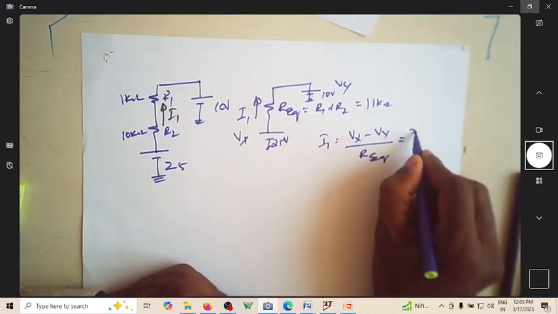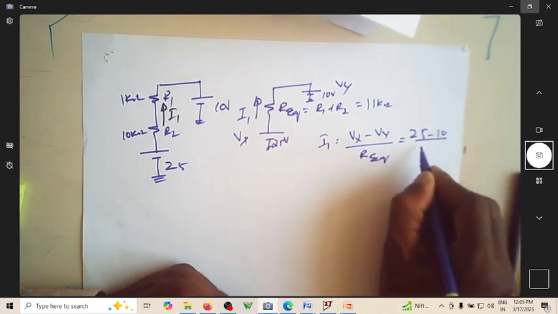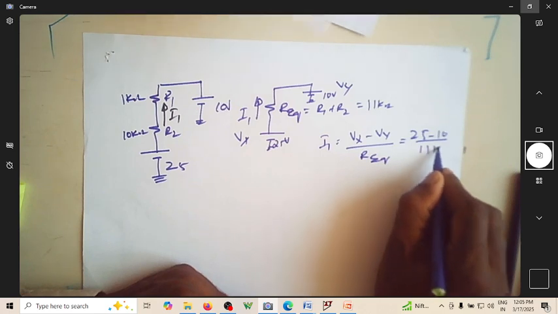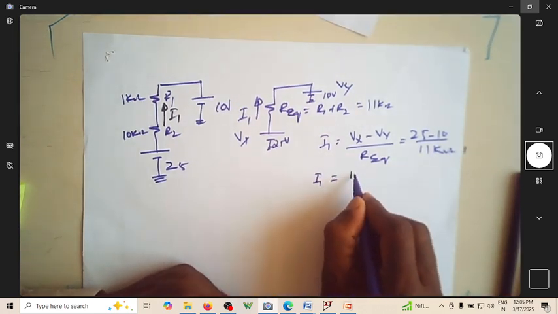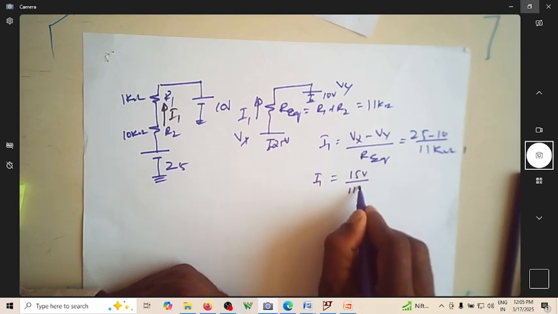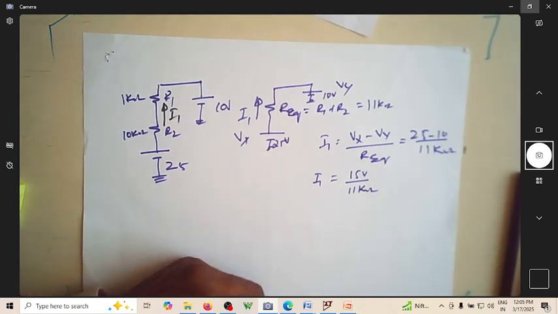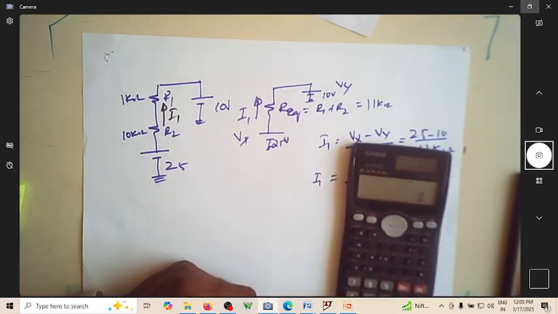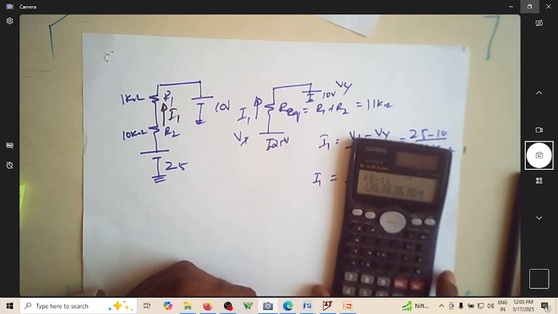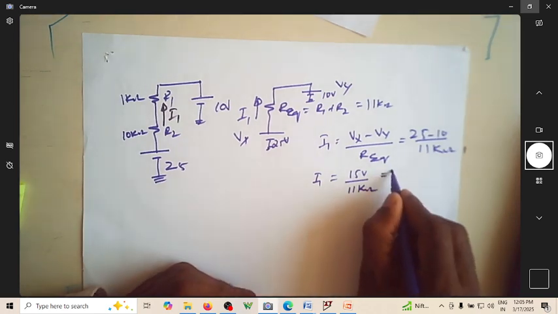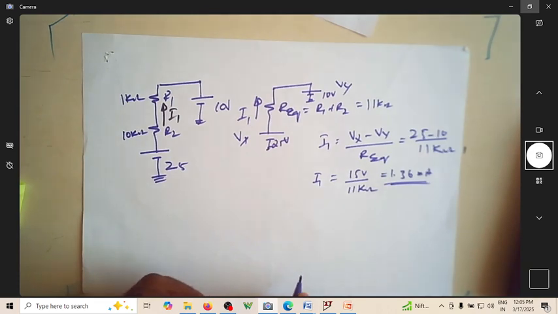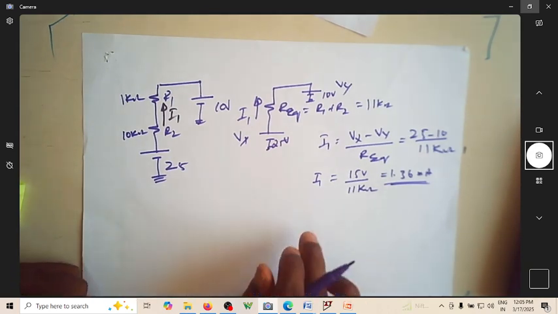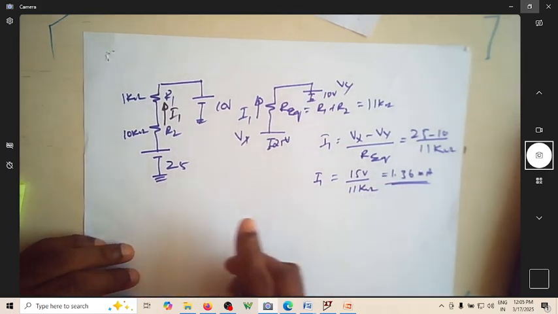This is 25 minus 10 divided by 11k, so 15 volt by 11 kilo ohms, which is 1.36 milliamperes.